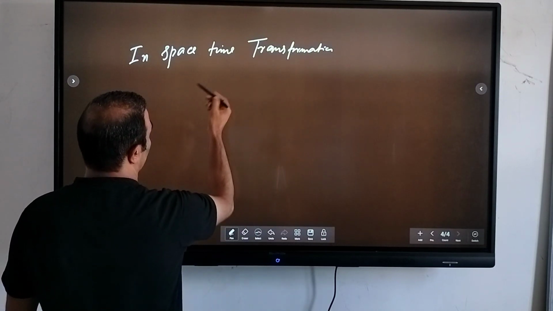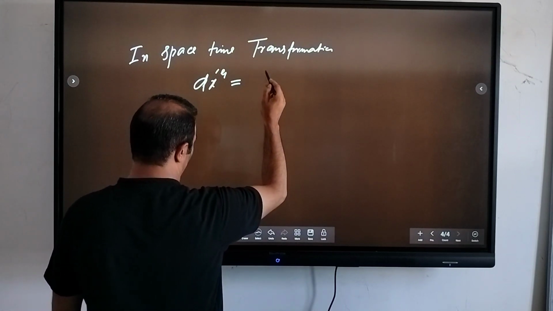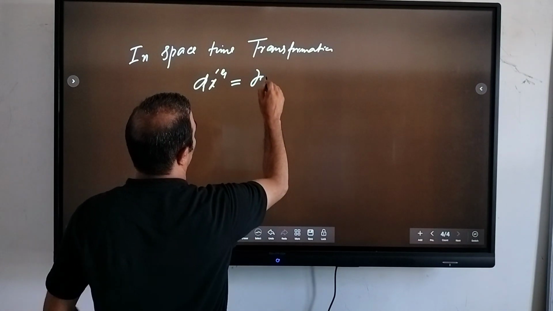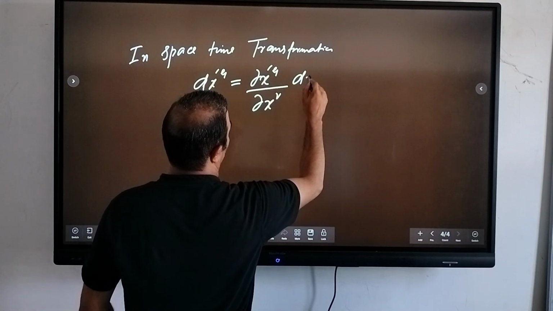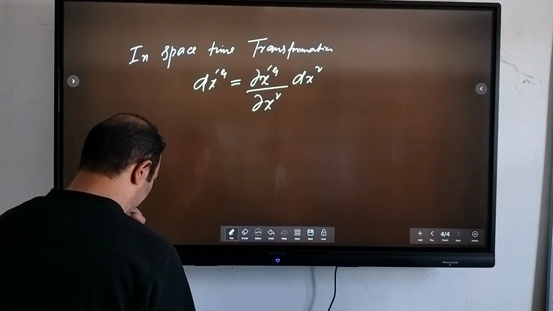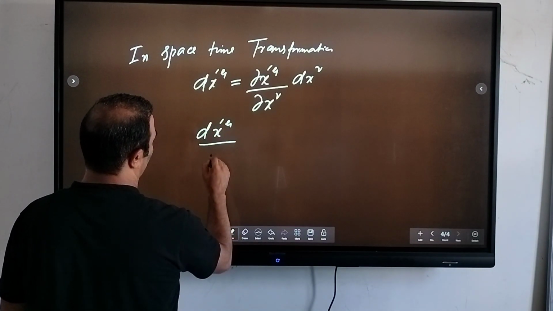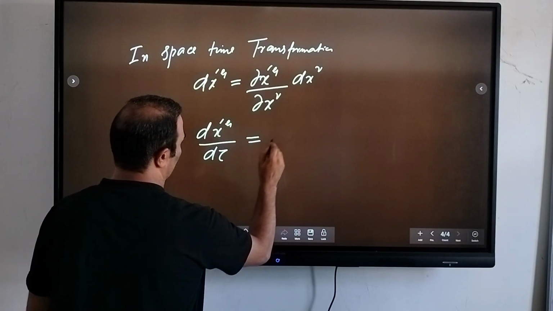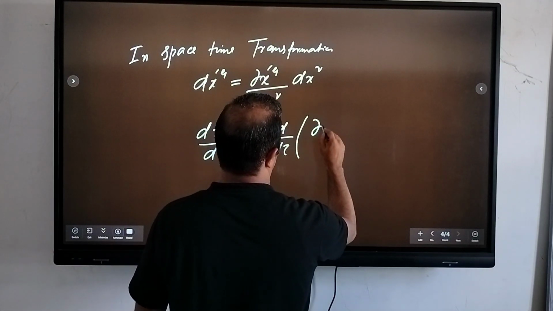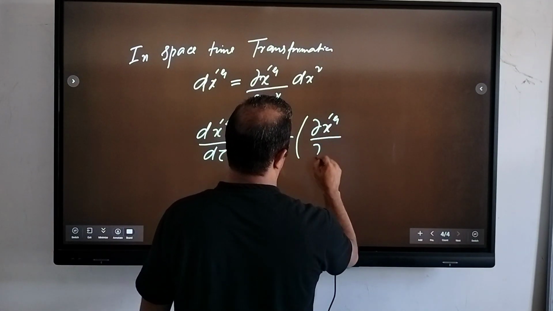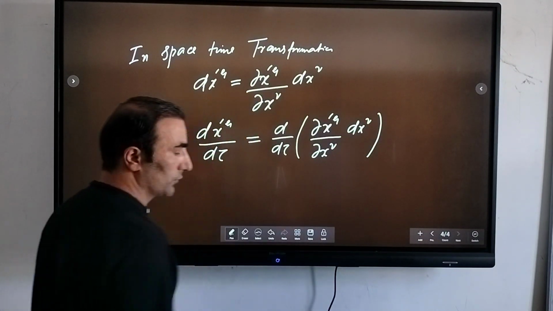the coordinate differential of x prime mu. So this is what I did here.